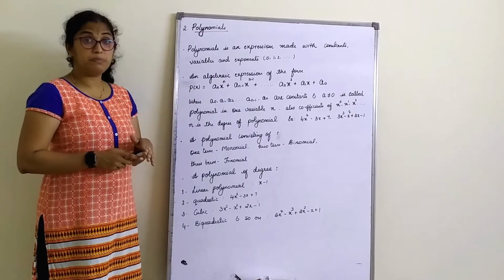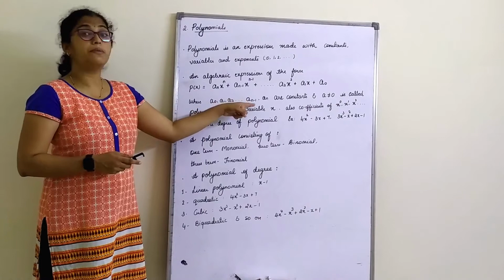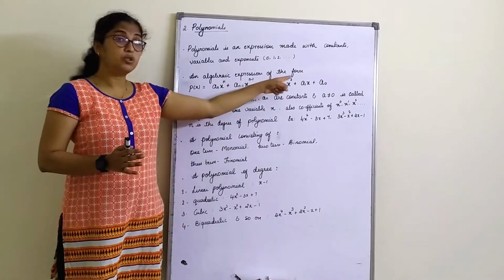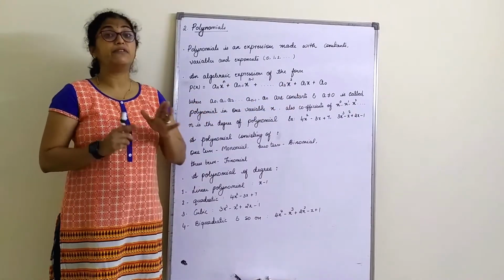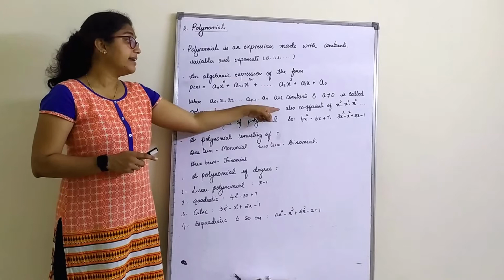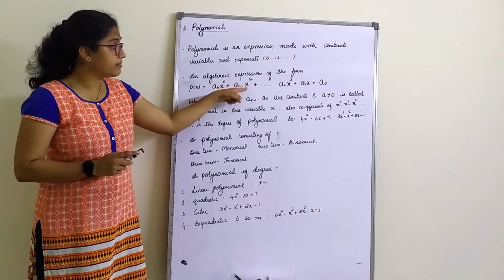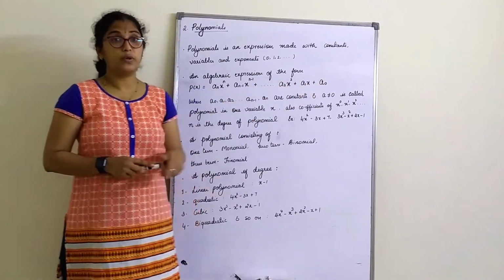What this means is that a0, a1, a2 up to an are the constants given to the variable; it is also called a polynomial in one variable x, and these are also the coefficients of x^n, x^(n-1), x^2, x^1, x^0, etc.